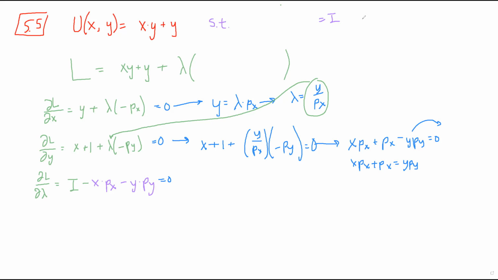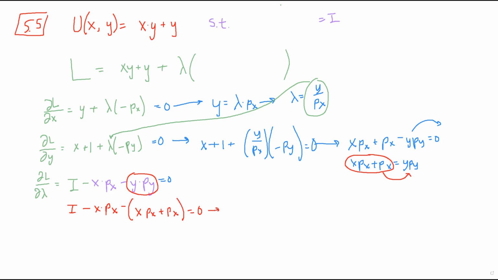Okay. This gets me closer to an answer because I'm going to go back to my constraint, which says I minus xpx minus ypy. But instead of ypy, I'm going to note that ypy is xpx plus px, so I replace ypy with that, equals 0.